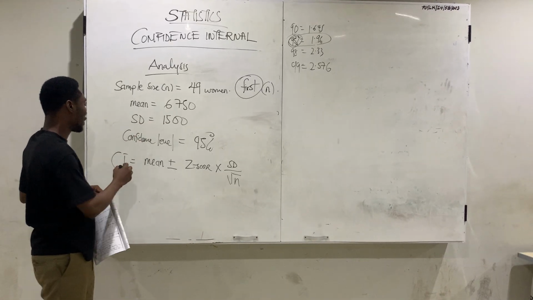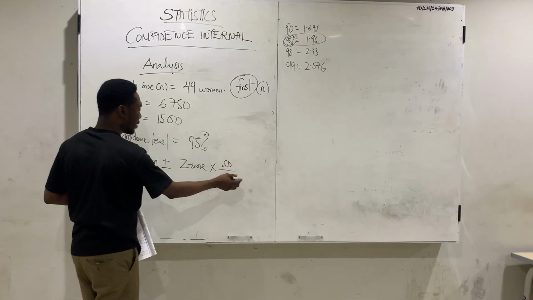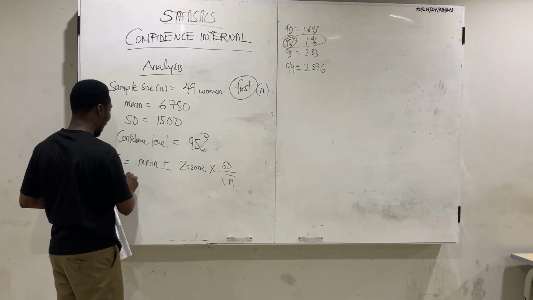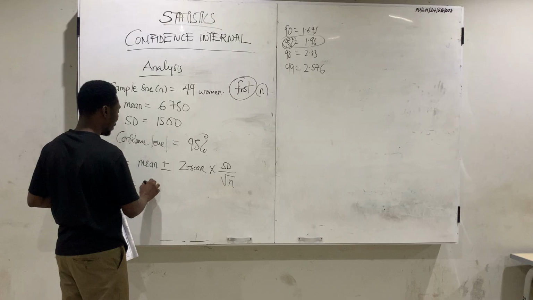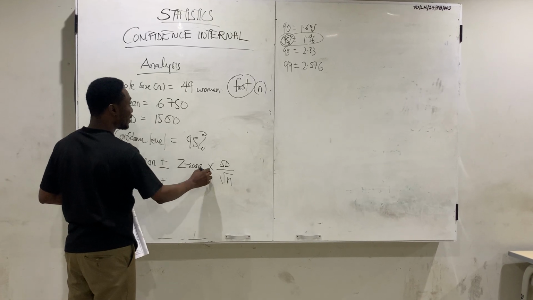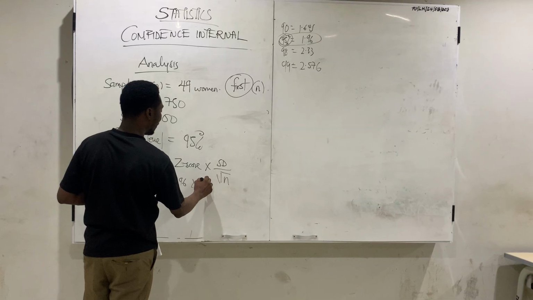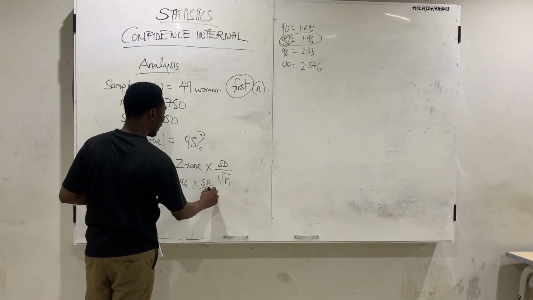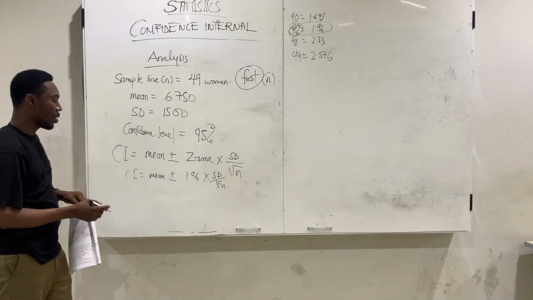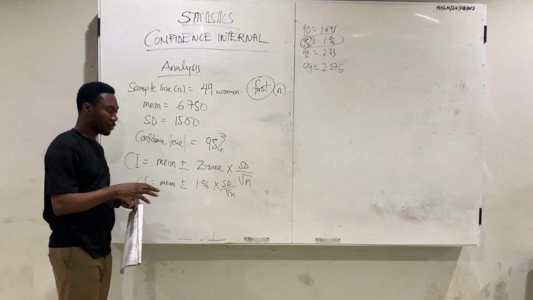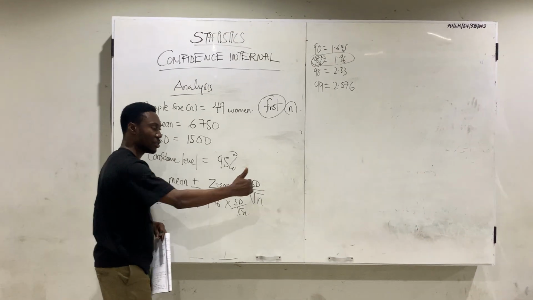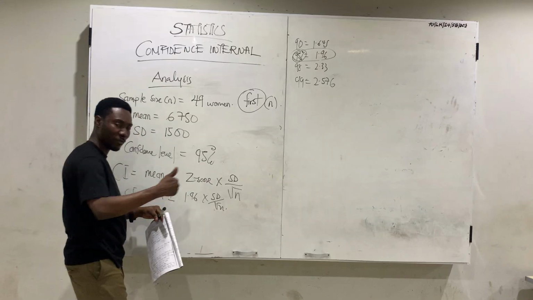Okay. Good. So CI is equal to mean plus or minus z-score. Then you have to write it again. CI is equal to mean plus or minus, the z-score is 1.96 times standard deviation all over square root of n. Now, the next thing you are going to do is, remember, when you are doing confidence interval calculation, do it from behind and come forward.